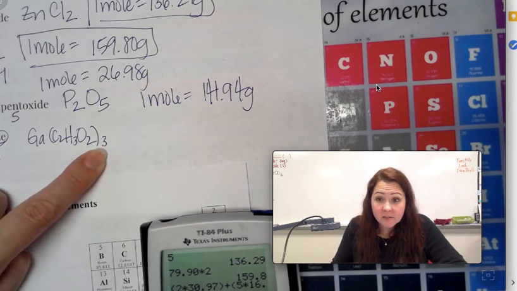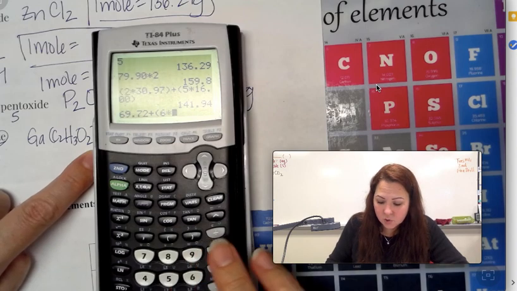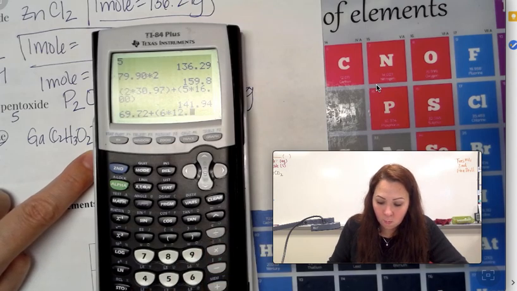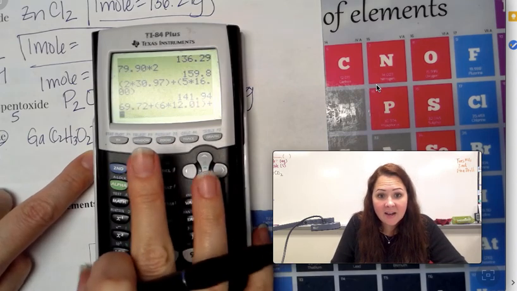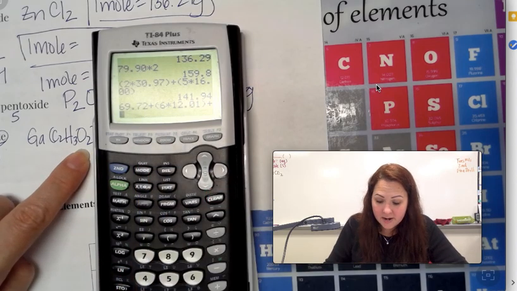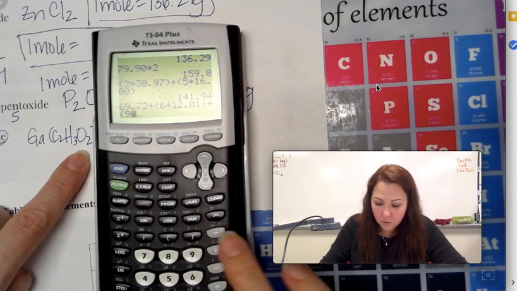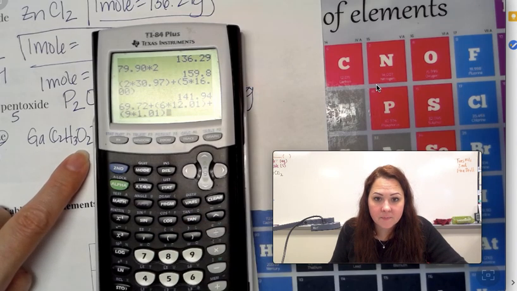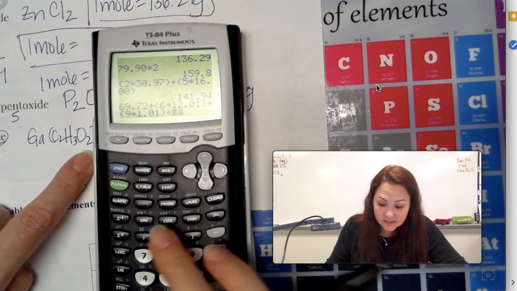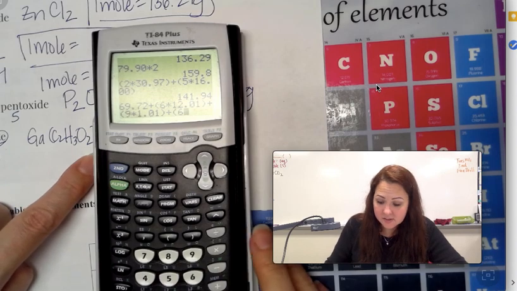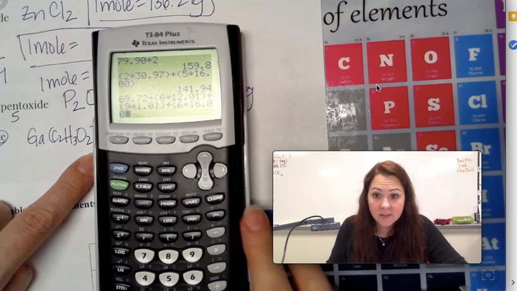So I have 6 carbon. So 6 times carbon's mass, 12.01, close parentheses, plus I have 9 hydrogen here. For my 9 hydrogen, I'm going to open up parentheses again and put 9 times 1.01, close up my parentheses, plus I have 6 oxygen, so 6 times 16, close parentheses.